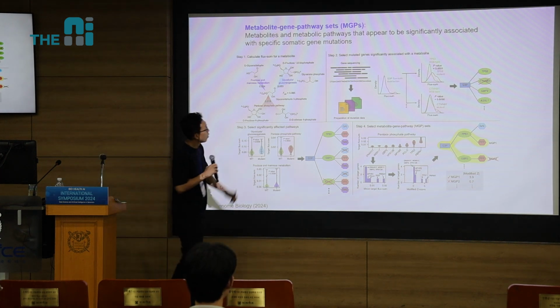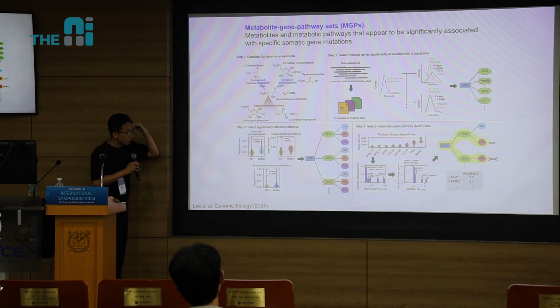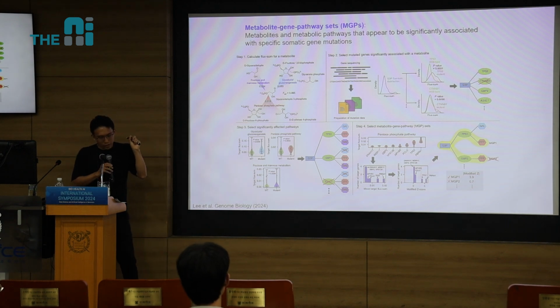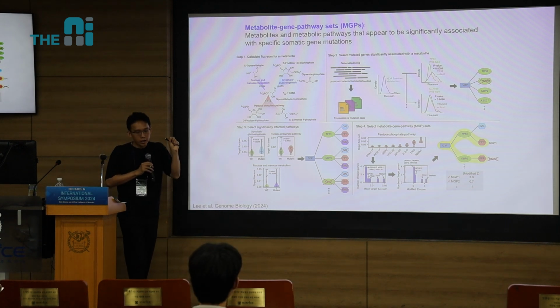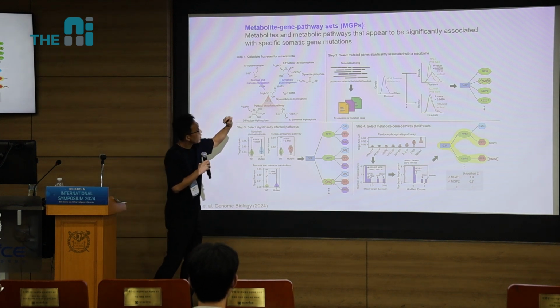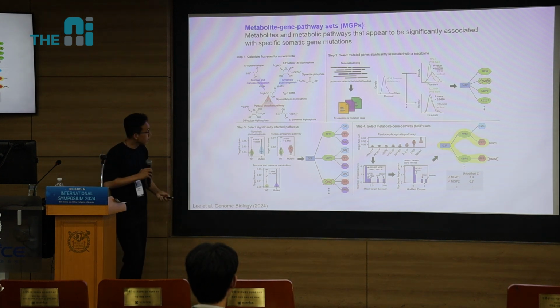So at the end, what we get is metabolite-gene-pathway sets. I said oncometabolite candidates, but that means we predict metabolites that are paired with specific gene mutations and also associated with specific metabolic pathways.